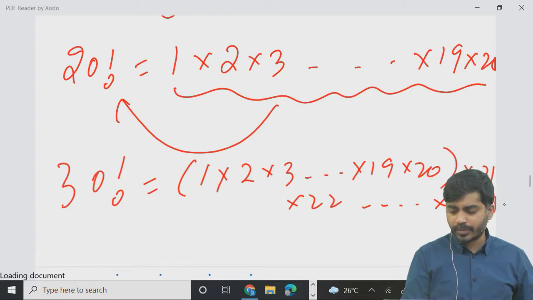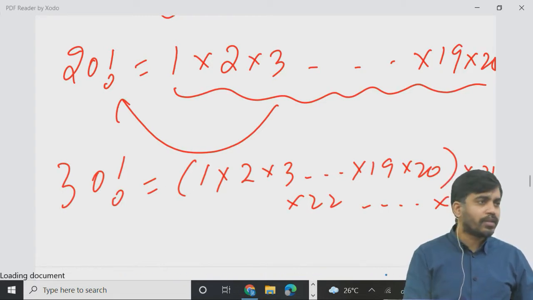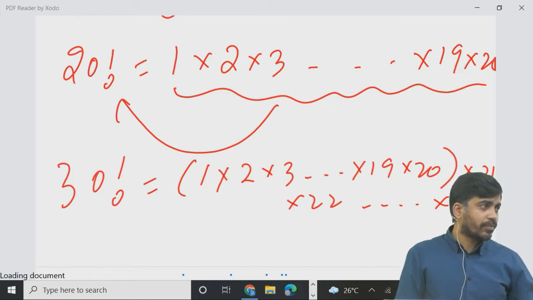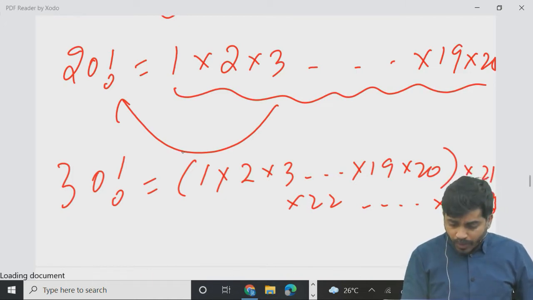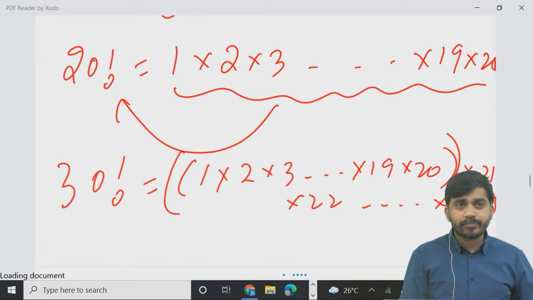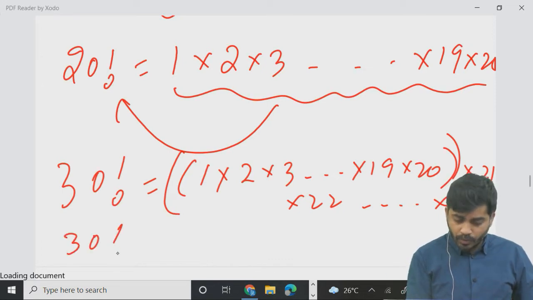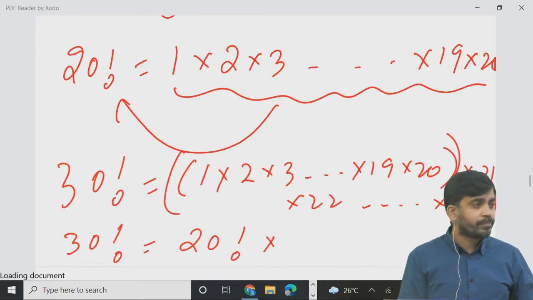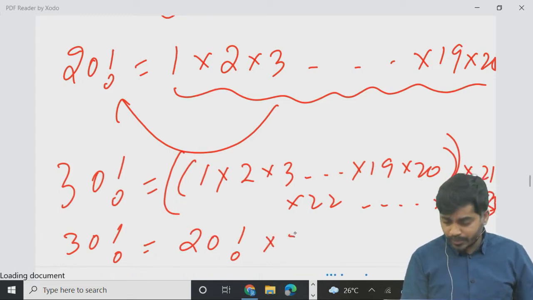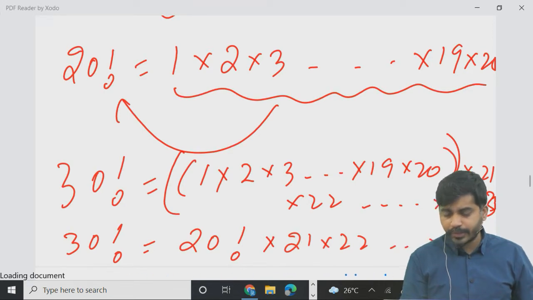The last number is 30. So all these numbers are factors of 30 factorial. 30 factorial is equal to 20 factorial into the other numbers 21, 22, last number is 30.